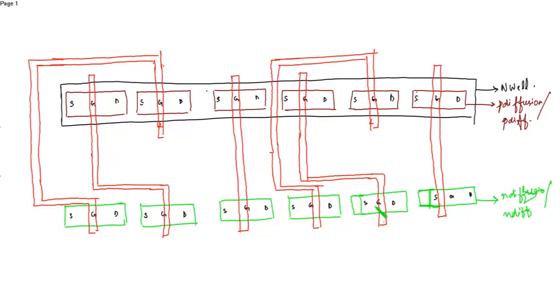Okay, so now after drawing the gates, next you have to draw the source and drain. So first, the transmission gate 1. We know that the sources and drains in a transmission gate are connected. PMOS and NMOS source and drain are connected.